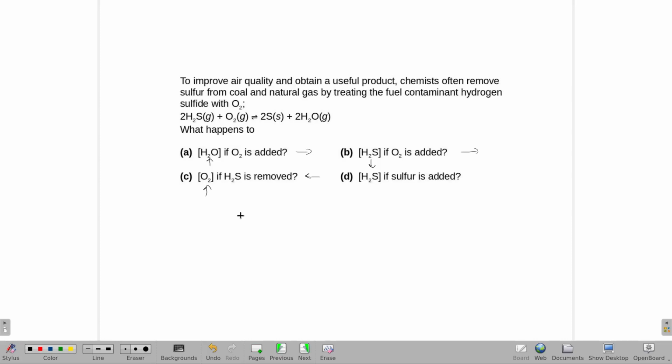Why is this not going to do anything? Adding sulfur should actually shift the reaction, right? Well, the reason it doesn't is that sulfur is a solid. Remember how solids don't have a concentration? Adding it's not going to affect anything whatsoever. So adding sulfur won't cause the reaction to change because sulfur is a solid in this case.